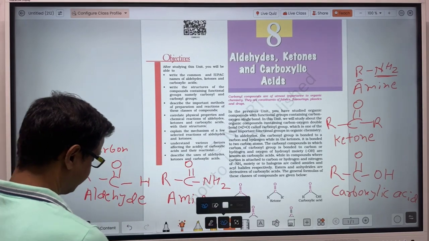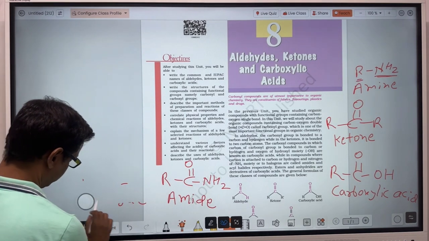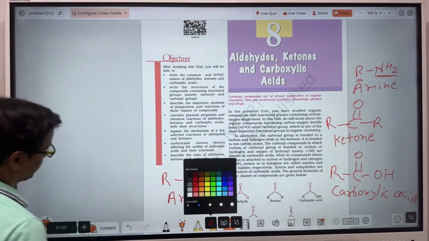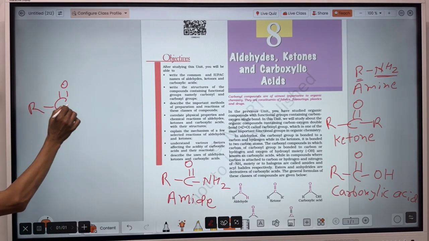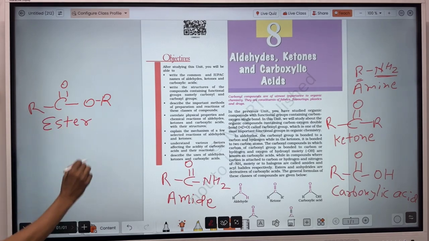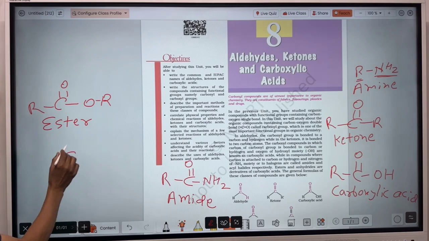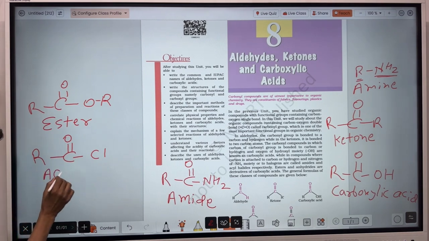Okay, now let's see. If to the acyl carbon atom, one side is an alkyl group and the other side an alkoxy group, that means oxygen bonded to the alkyl group, then that will be called ester. When one side is an alkyl group and the other side a halogen, then that will be called acyl halide.